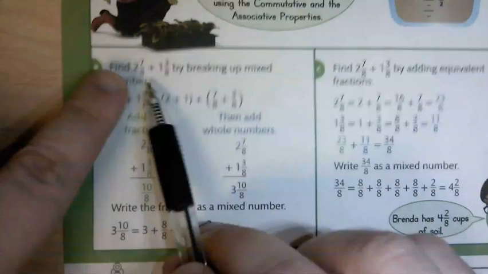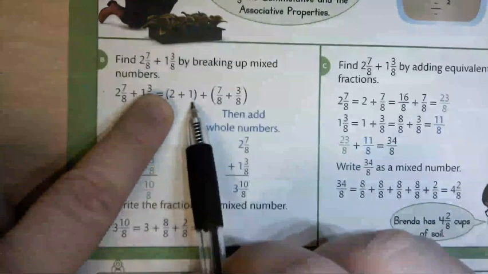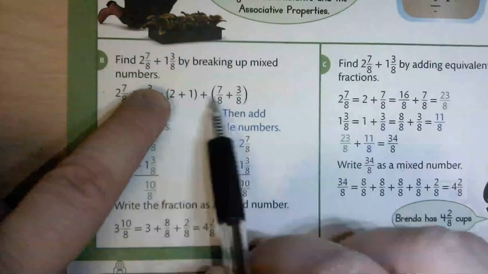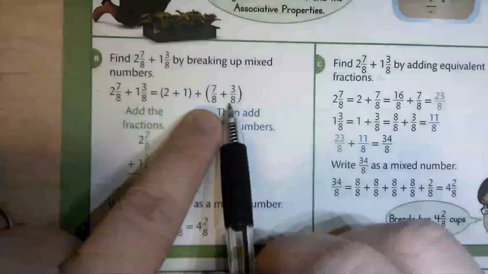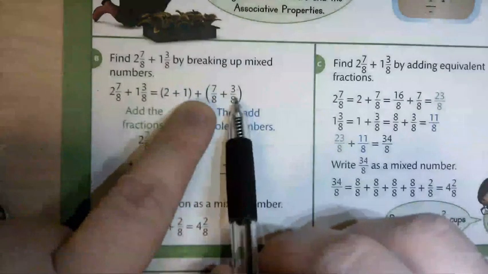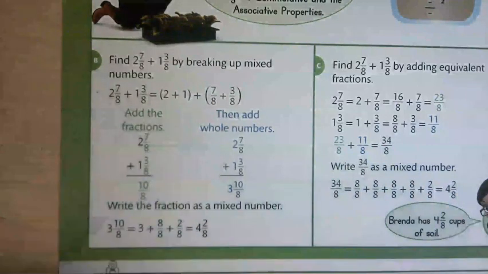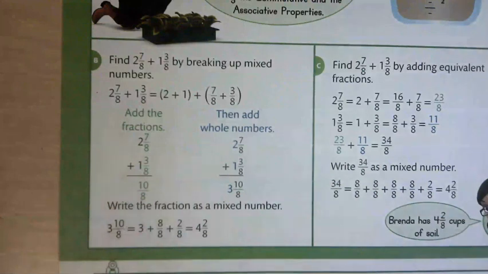So we take the whole numbers and add those together, and this parenthesis just means we're going to do that together. Then we're going to take our fractions and put them inside of a parenthesis over here. It looks really complicated, but all it's really telling us to do is separate these into different parts to add them a little easier.